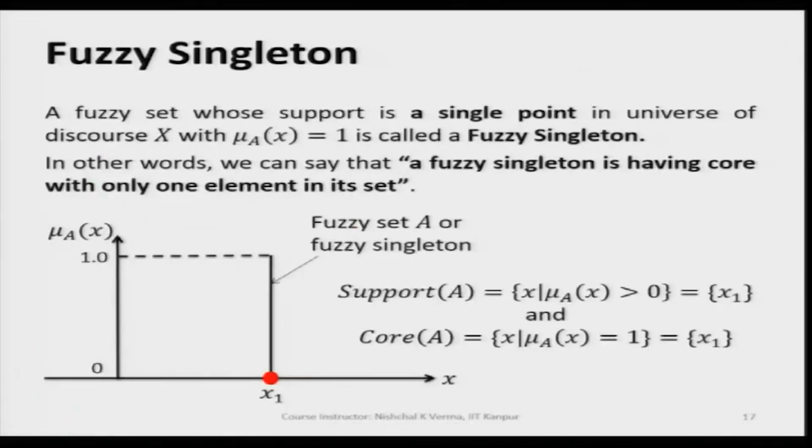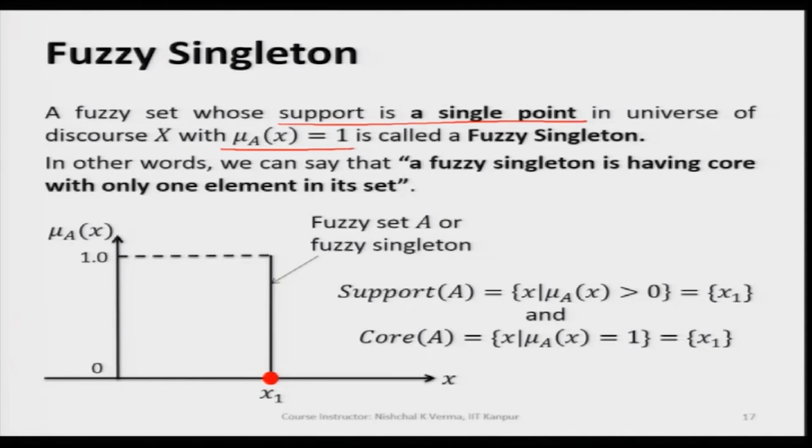Now, coming to fuzzy singleton. What is a fuzzy singleton? In fuzzy systems theory, it is a fuzzy set whose support is a single point in the universe of discourse capital X, and there is another condition: this single point should have its membership value equal to 1.